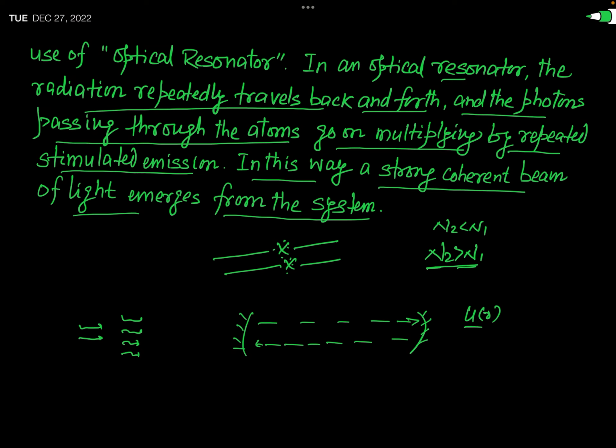The radiation travels repeatedly back and forth, and photons passing through the atoms go on multiplying by repeated stimulated emission, and hence we get a strong and strictly coherent beam of light which emerges from the system, and that is called the laser light. So I think we have understood this elementary fact, but it is a very fundamental fact which is needed for the study of any laser system.